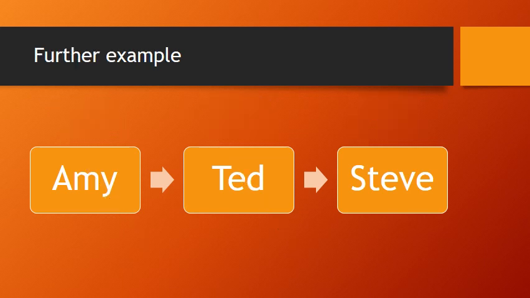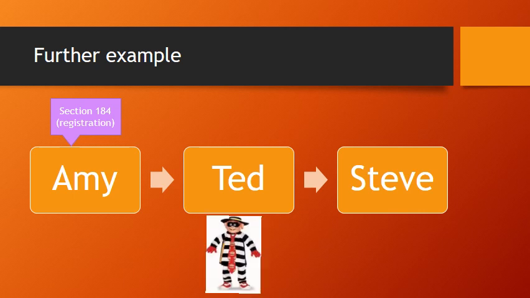Now let's take a further example. If we had Amy again, and she's the registered proprietor of an interest in the estate, and Ted happens to be fraudulent. He's a dishonest person, and he decides that he's going to dupe Amy out of her interest somehow.